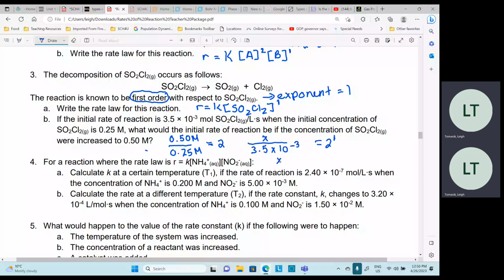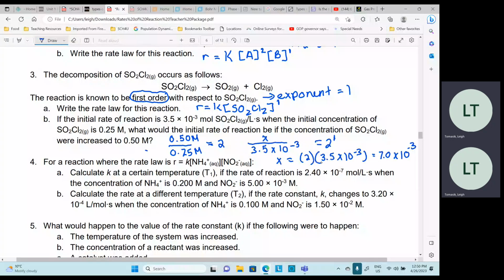So x is equal to 2 times 3.5 times 10 to the negative 3, which is 7.0 times 10 to the negative 3. Okay, right.